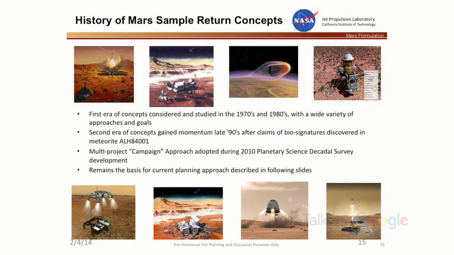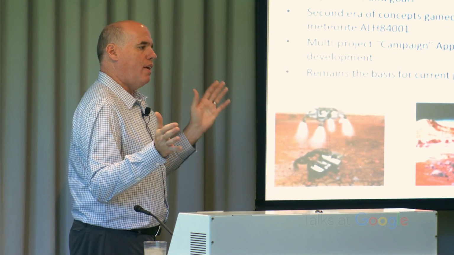Mars sample return is not a new idea at all. We've been thinking about it since the 1970s, this notion of not only going to Mars and doing in situ science with instruments that are carried on something, orbiter, rover, lander, but actually bringing samples back. And a wide variety of ways of doing that.